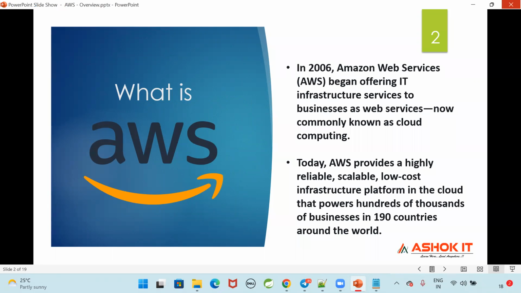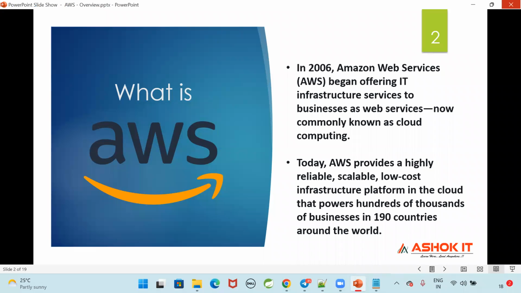AWS is a highly reliable, scalable infrastructure platform. It is providing services to 190 plus countries around the world. People in 190 plus countries are using AWS cloud infrastructure to set up their applications.